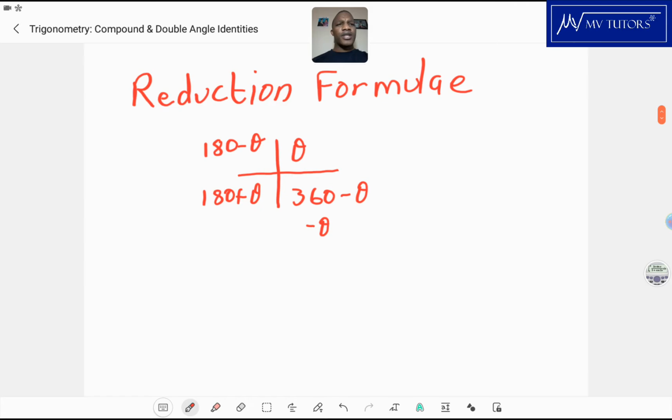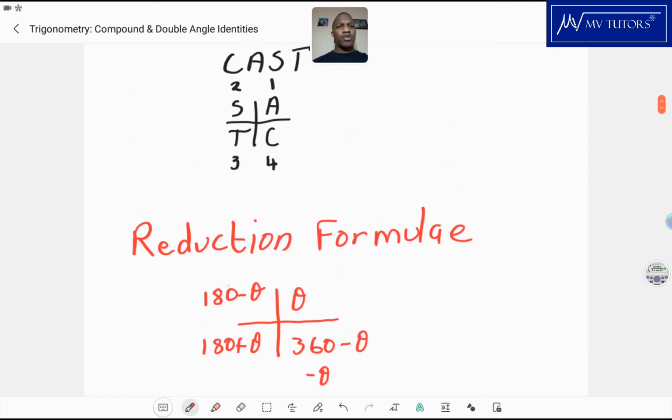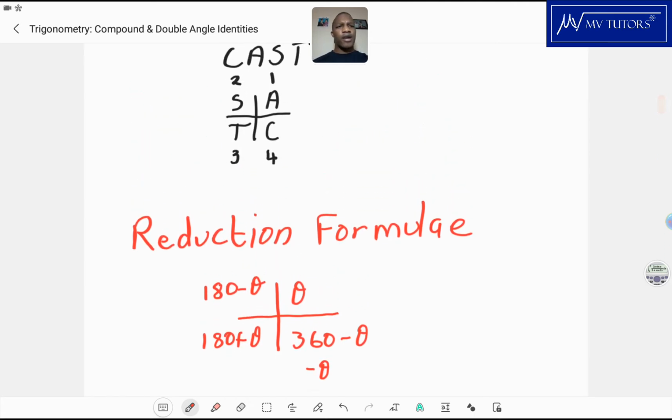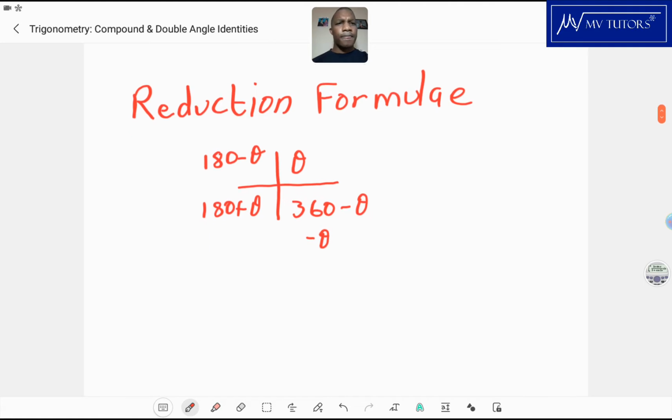So what this says is there's a connection between this one and that one, because we can say sine of 180 minus theta is equal to a positive sine theta.